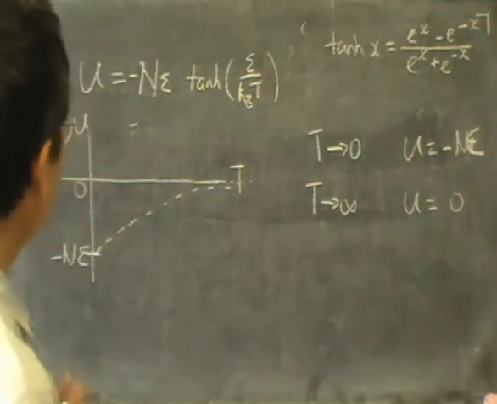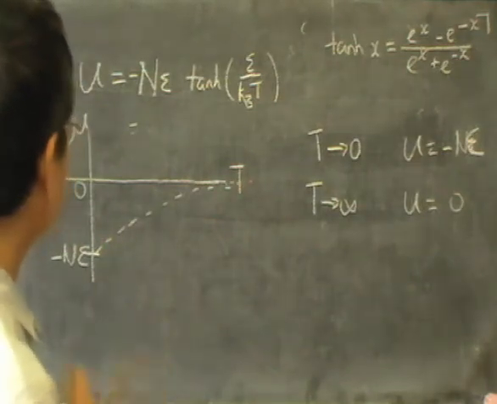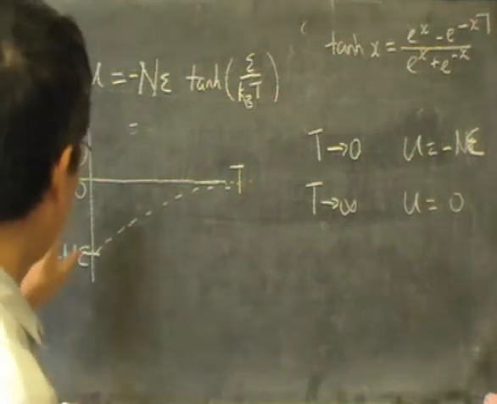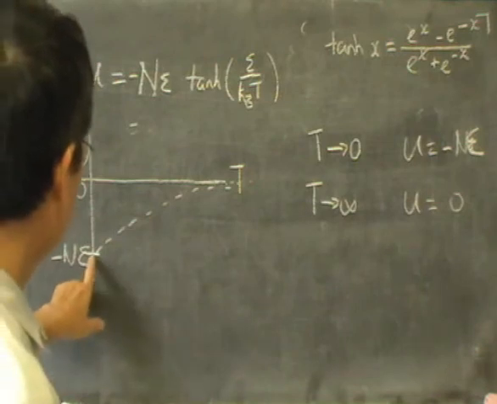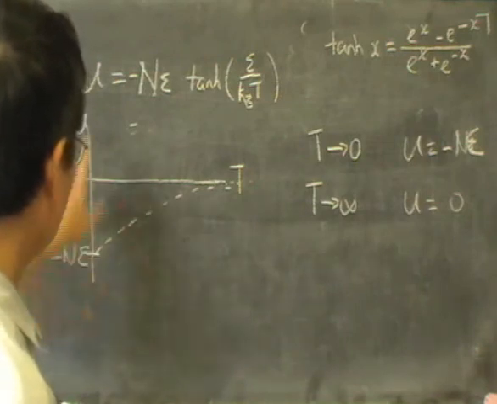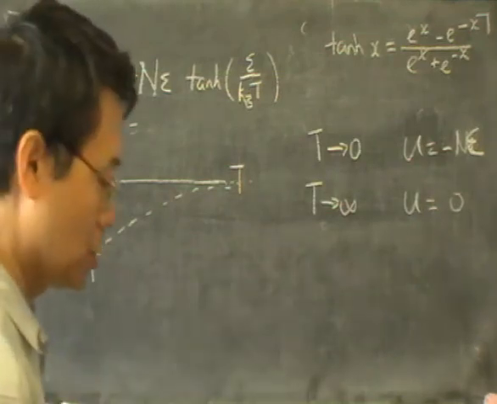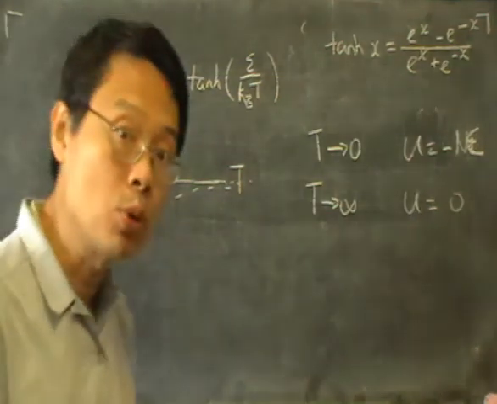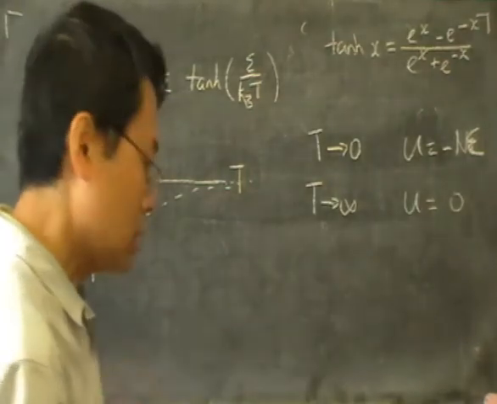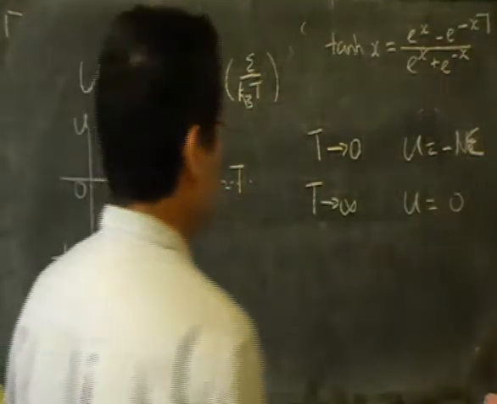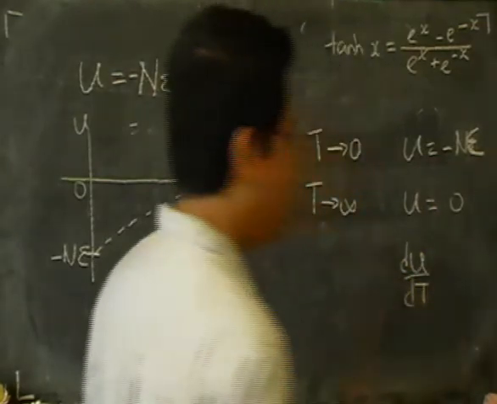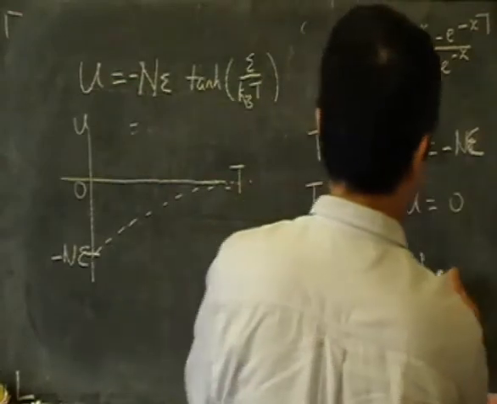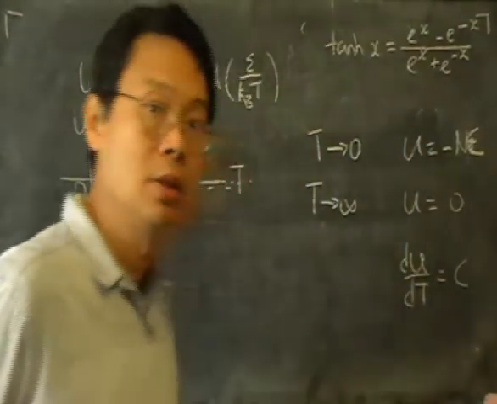An important thing that we need to know about this particular system is the gradient of the curve for U, particularly at t equal to 0. The reason why gradient is important is simply because the gradient of U with respect to T, if you recall, is the heat capacity which we want to find.